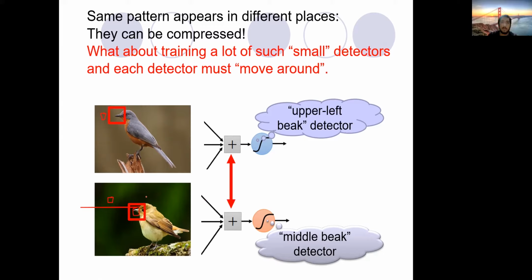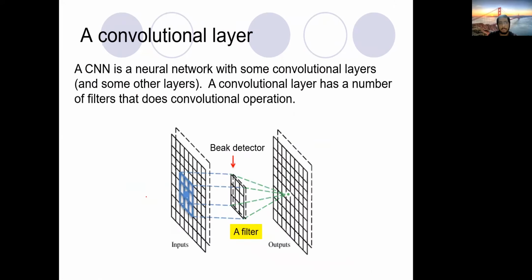So now let's dive deeper into what a convolutional neural network is. A CNN is a neural network with some convolutional layers and some other layers. A convolutional layer has a number of filters that does a convolutional operation. So let's look at this diagram here for a second.